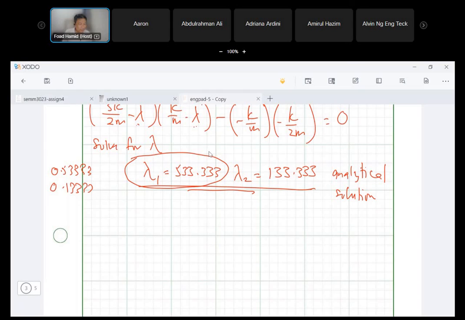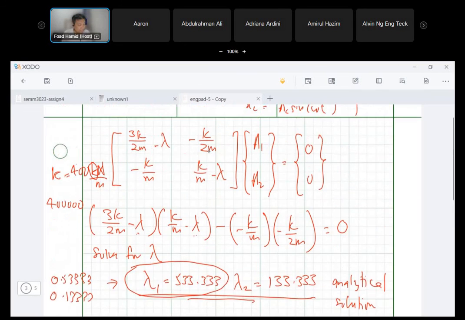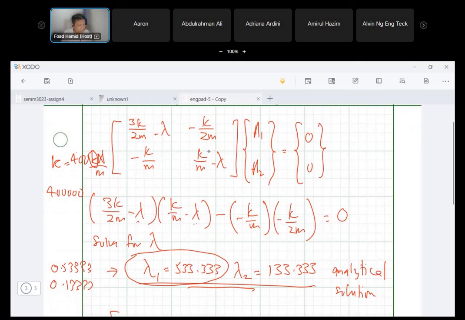So the first thing is to find the analytical solution so that when you do your numerical methods, your answer is approaching these values. So how do we do the power method? Basically, the power method is the same thing as this one.